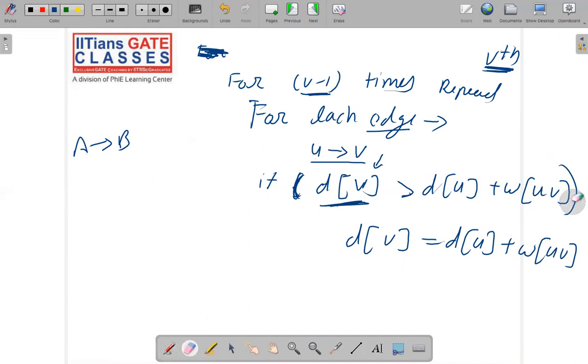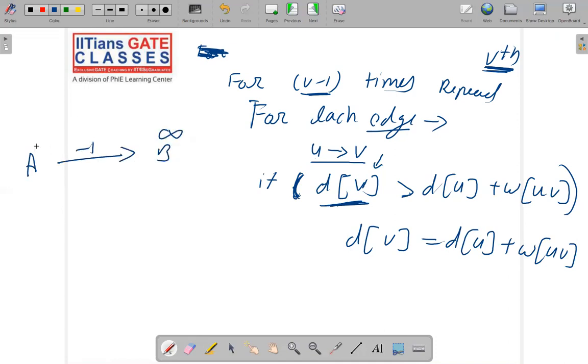Let me try to write it. So we are going to repeat this step V minus 1 times, and in each step we will repeat this step for each edge. So let's consider a single edge, A to B.